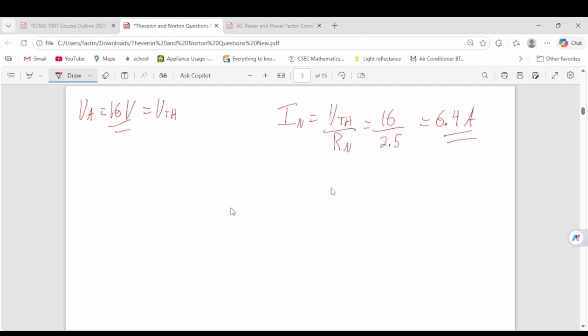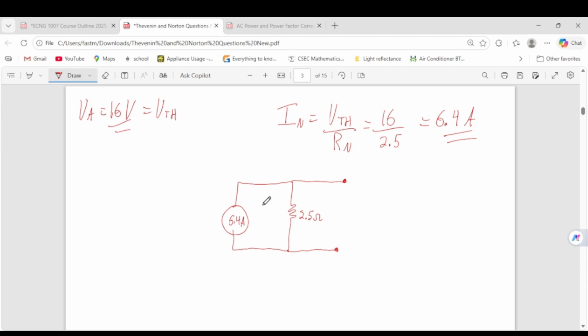The circuit is basically finished. We already have I Norton, which is the 6.4 amps, and R Norton was 2.5. Yep, and that's basically the circuit.